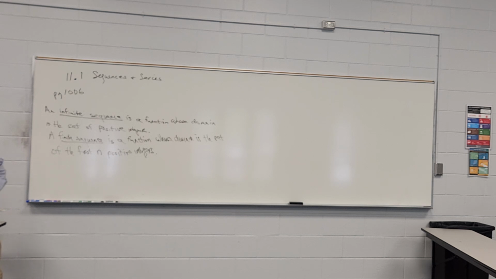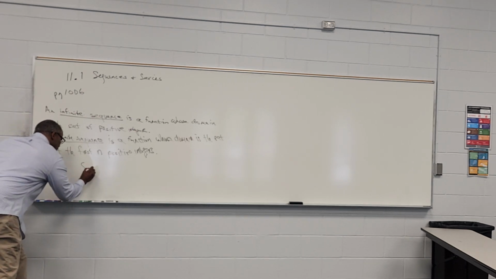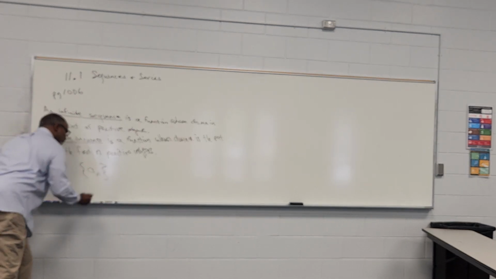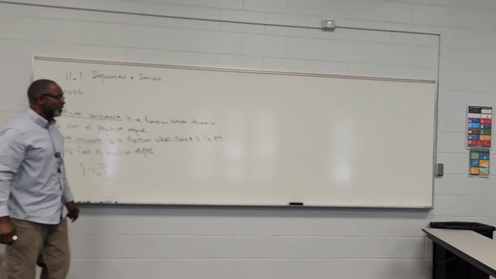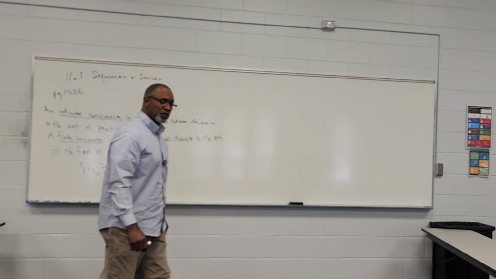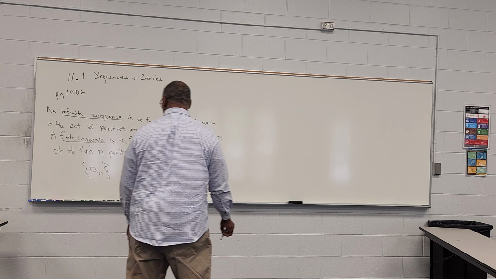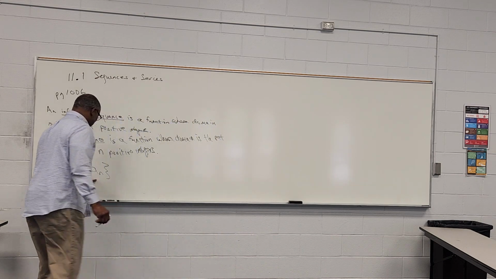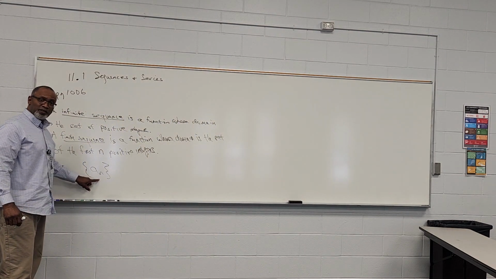The way we're going to write sequences is we're going to use this notation: a sub n denotes the nth term of the sequence. So we'll write the entire sequence as the set of all a sub n.